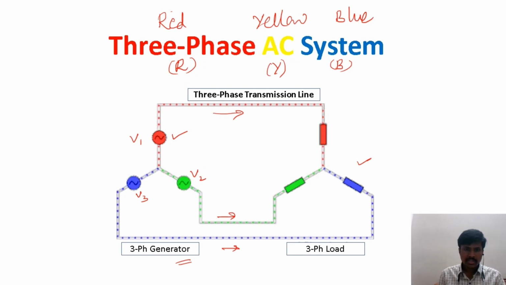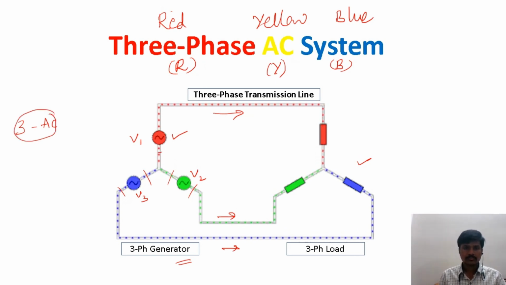This one is one single phase AC source, this one is one single phase AC source, and this one is single phase AC source. That means here we are using three single phase AC systems. The point we need to remember is how to represent three single phase AC systems to form a three-phase system, which we are going to learn now.